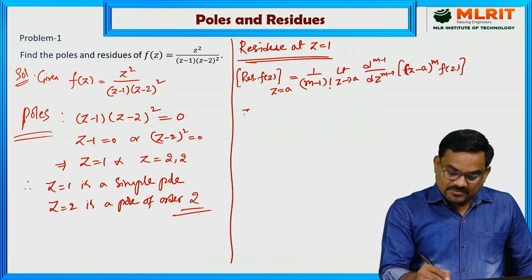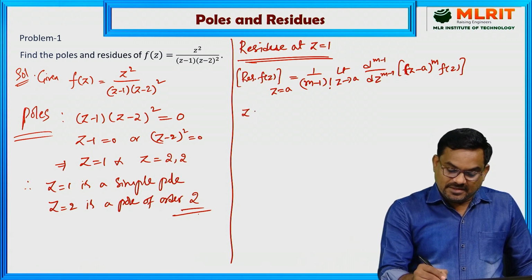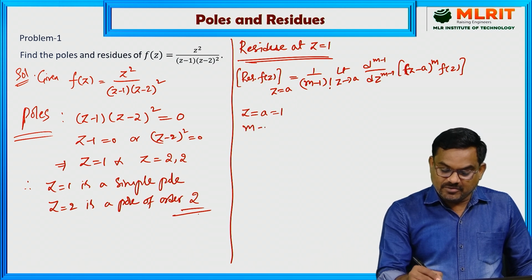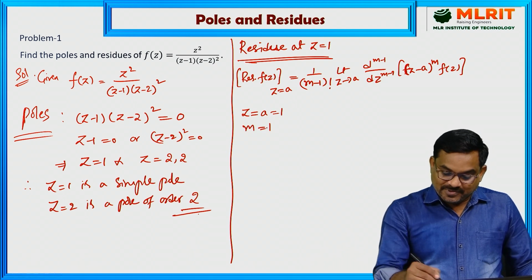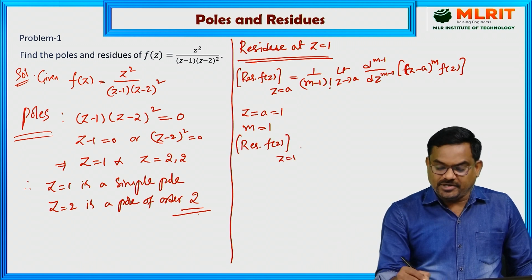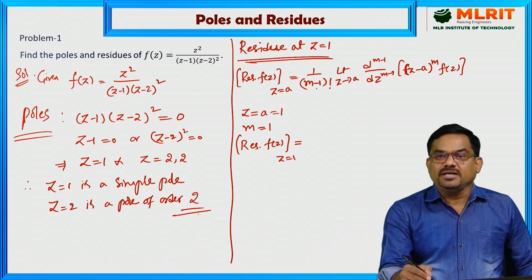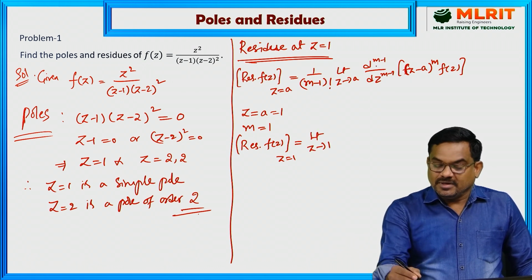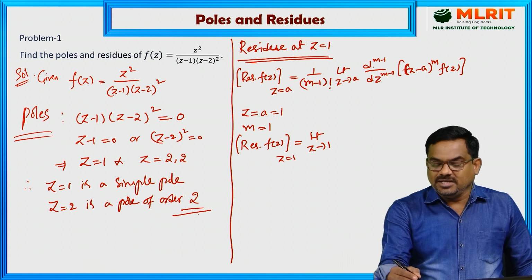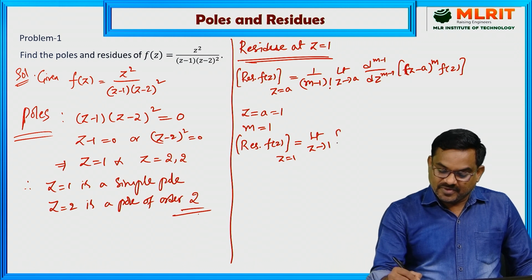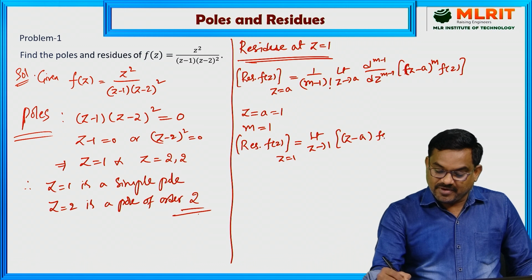Here it is a simple pole, that means z equal to a equal to 1 and m equal to 1. Then the residue of f at the simple pole z equal to 1 is given by 1 by 0 factorial, which is 1, limit z tends to 1. If you put m equal to 1 here, d power 0, that means no need to find the derivative for a simple pole. So (z minus a) into f of z.